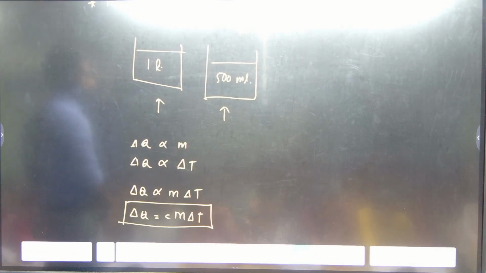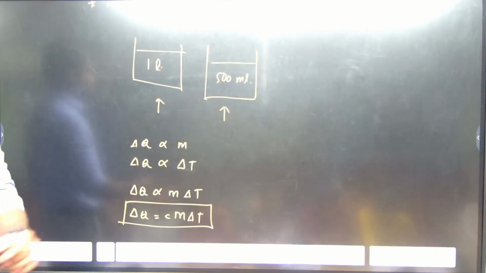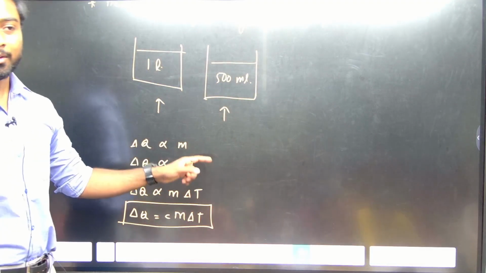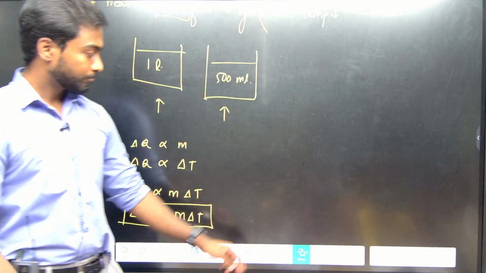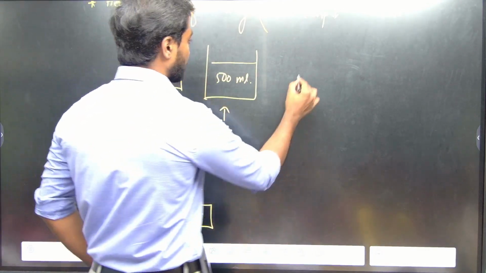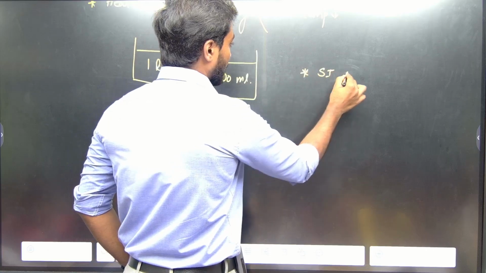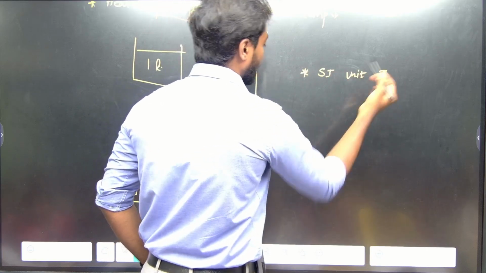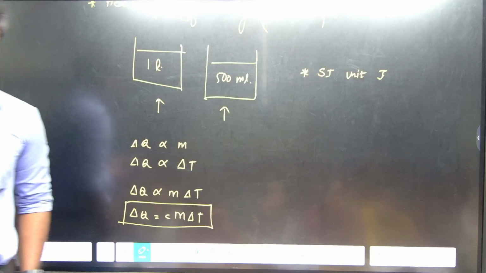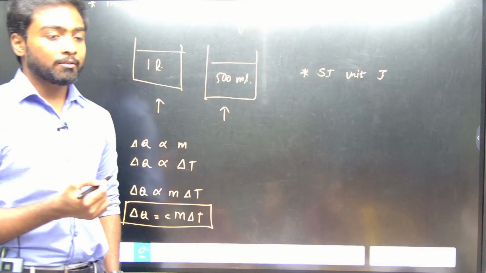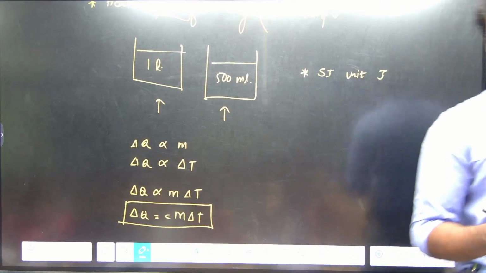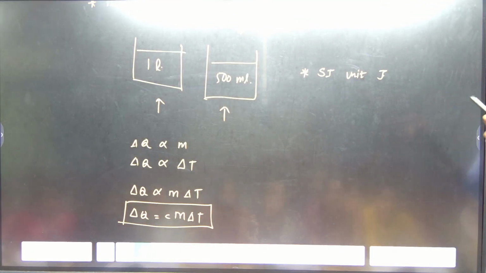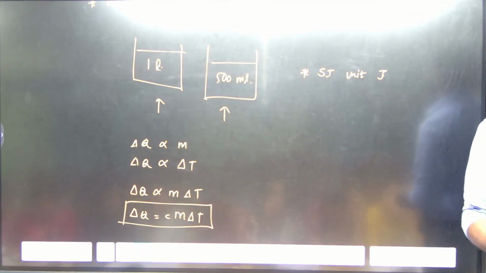So what is the SI unit of energy? Joules. As we are talking about heat, it's a form of energy, so the heat SI unit is also joules only. Suppose they give it in terms of calories, then I need to convert everything into SI units. Calorie is another unit.